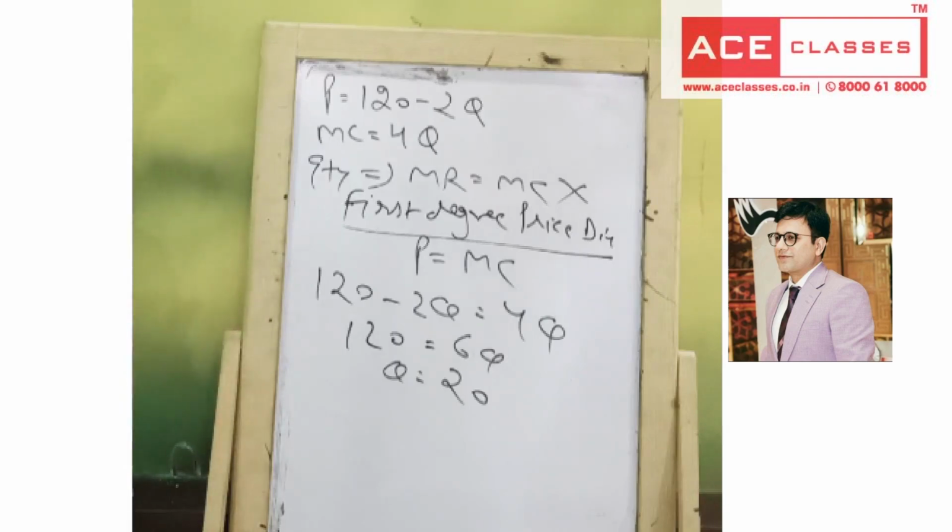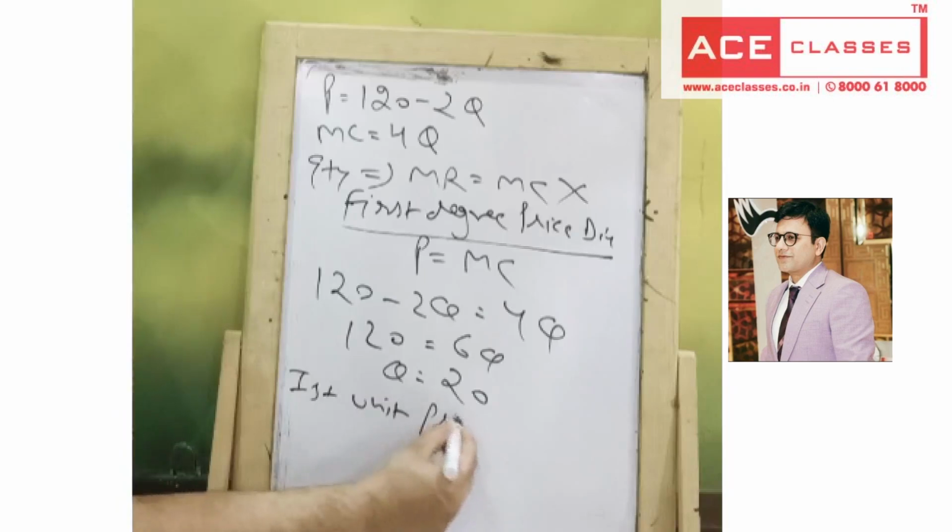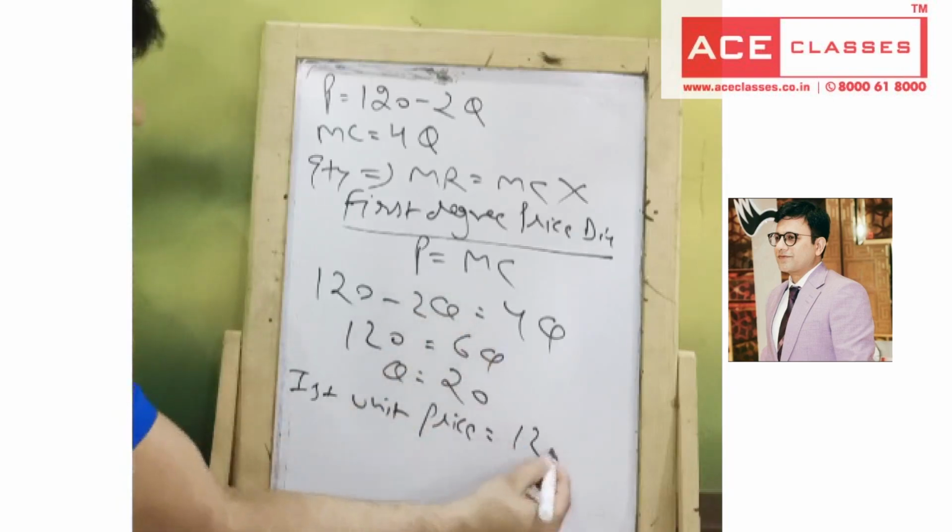In this case, you cannot actually tell about the price, because under perfect first degree price discrimination, there is no uniform price which is charged by the seller.